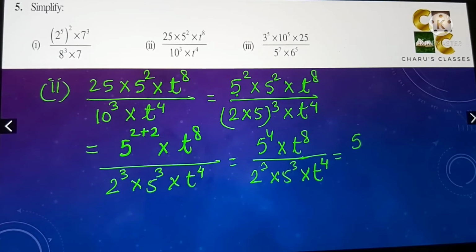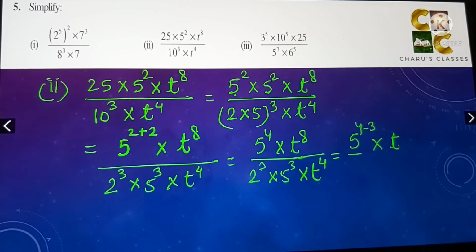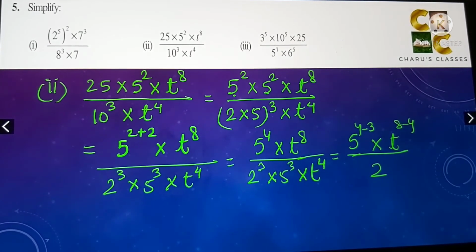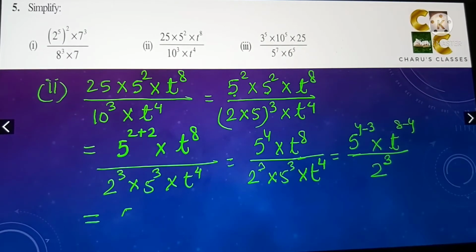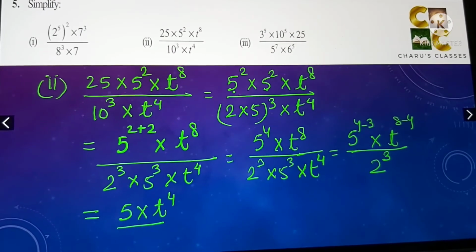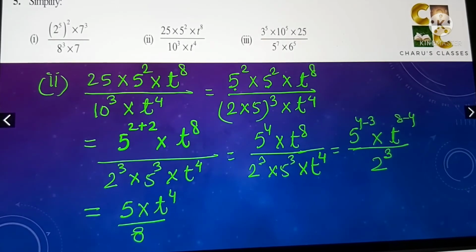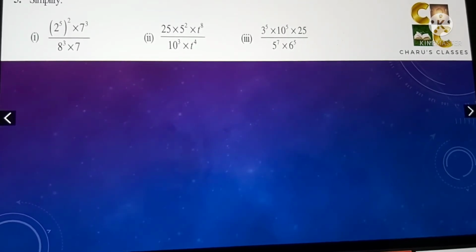With that, we can write it as 5 to the power 4 minus 3 into t to the power 8 minus 4, this whole by 2 to the power 3. So this will be 5 into t to the power 4 and 2 to the power 3, that is 2 into 2 into 2, that can be written as 8. So this is our answer: 5 t to the power 4 by 8.